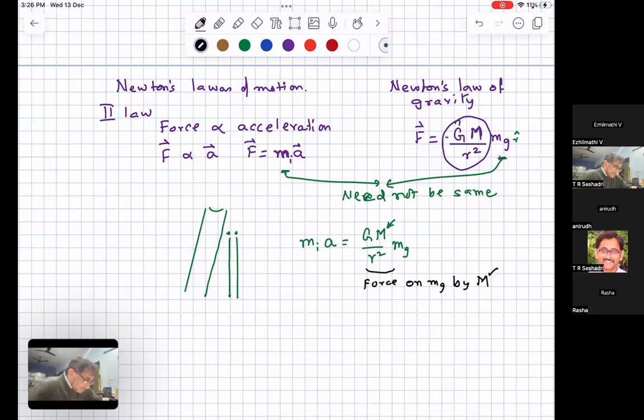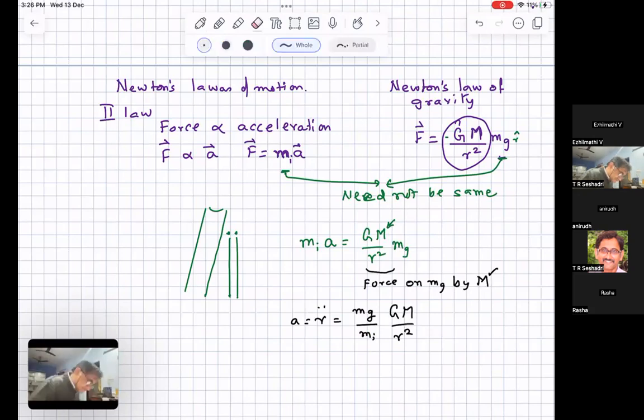But now these two are equal. Now this means R double dot, which is A, is equal to mg by mi, G M by R square. Now, what does this mean? Let me call it G here. That's better.